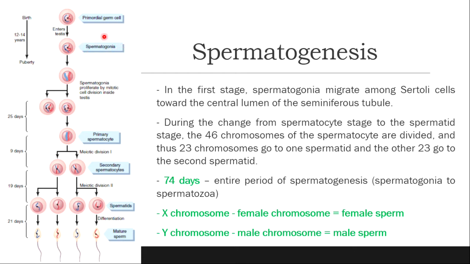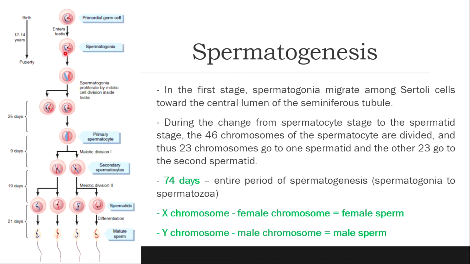So, yung spermatogonia kasi na yun yung germ cell na tinatawag ko, diba? So, the spermatogonia proliferate by mitotic cell division first. So, nangyayari itong division na to during the puberty. So, kapag from birth to 12 to 14 years or up to the onset of puberty kasi, yung spermatogonia natin, hindi siya nagde-develop agad.